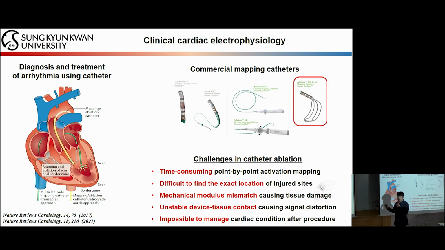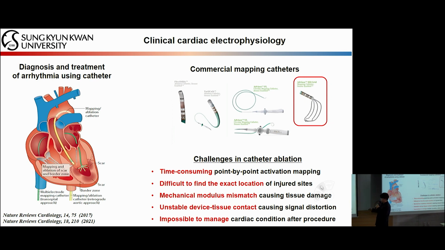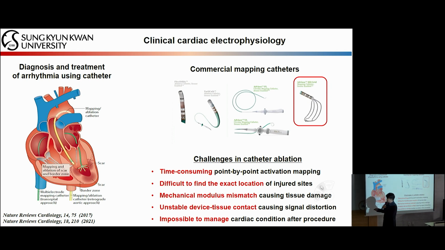While this method is well known, it has some challenges. It takes a long time to find the arrhythmia location in a point-by-point contact manner. I mean, pinpointing the exact spot of the arrhythmia is highly challenging.